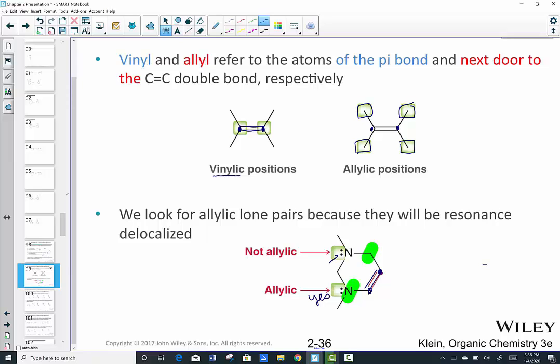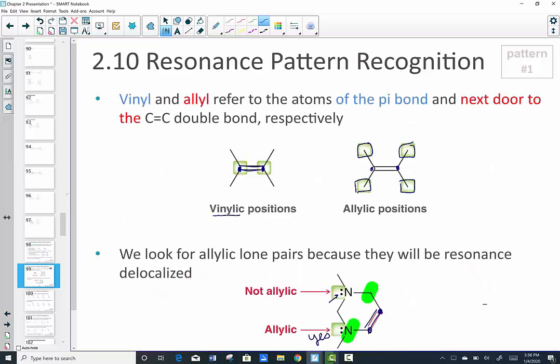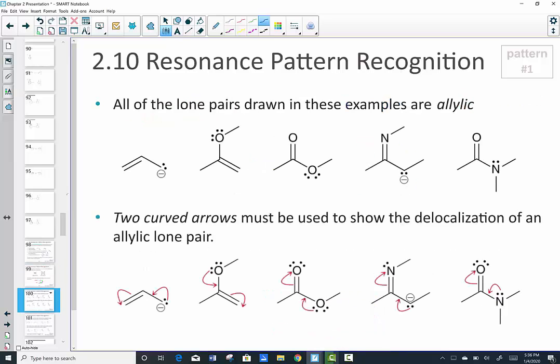Notice that this lone pair is too far away, so that's not the allylic position. It's not directly next door, but 2 steps down, that's no good. It has to be directly next door. So we have a set of lone pairs in the allylic position, which means it can exhibit resonance. What that means is that this lone pair can go here and these can go here. And we can just start moving the electrons around.